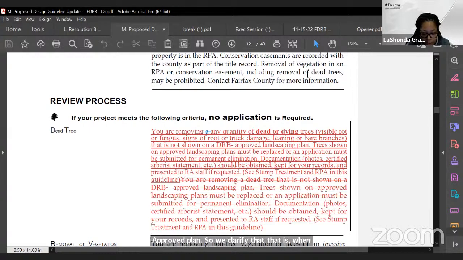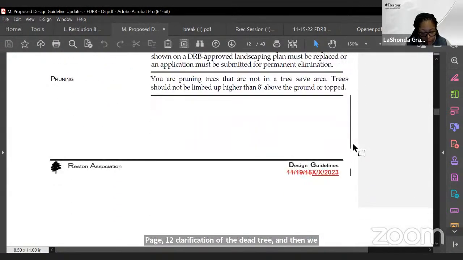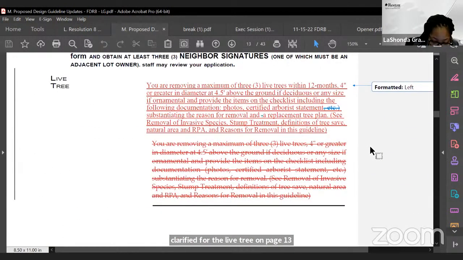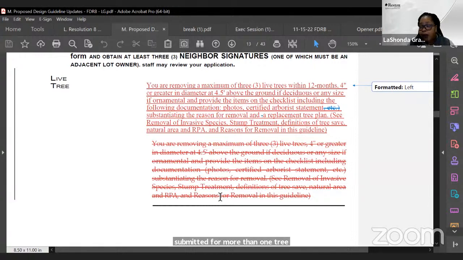And then we clarified for the live tree on page 13, if you're removing a maximum of 3 trees, and we gave a time period of within 12 months. That's so that multiple applications cannot be submitted for more than 1 tree application, say, within a 12-month period.